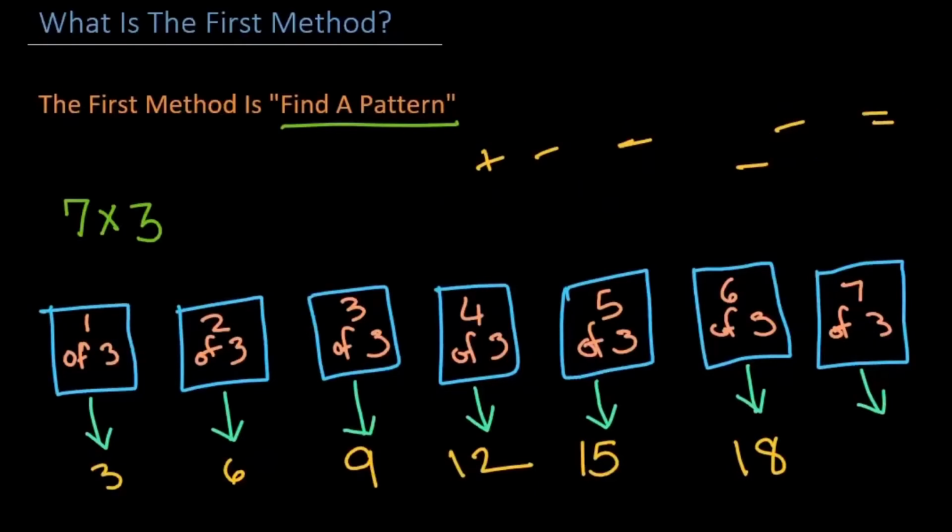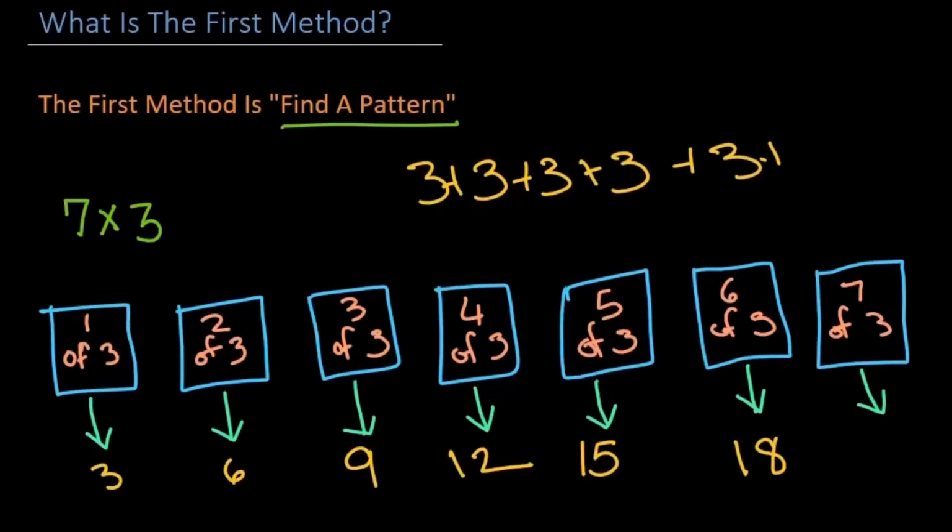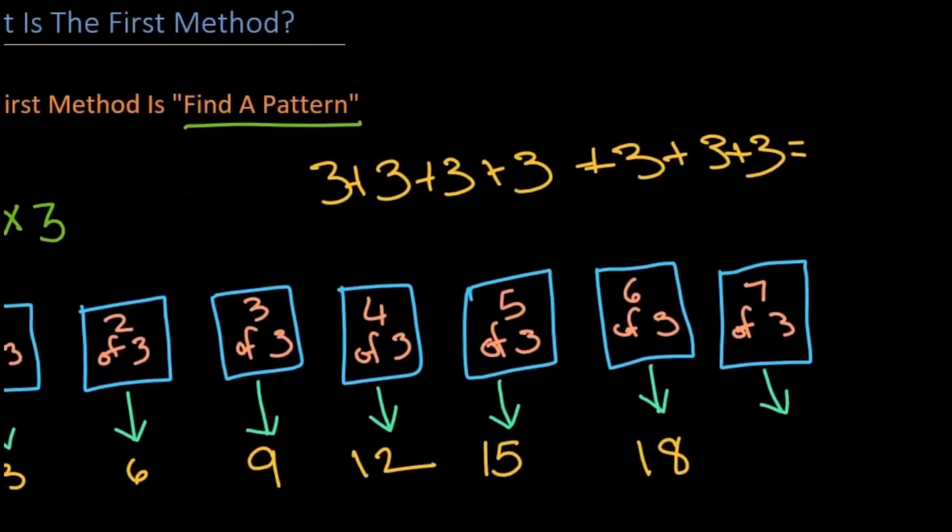So next, we have 7 groups of 3. So that is 3 plus 3 plus 3 plus 3 plus 3 plus 3 plus 3. Now we need to count again so that we don't get this wrong. So let's just count. 1, 2, 3, 4, 5, 6, 7.